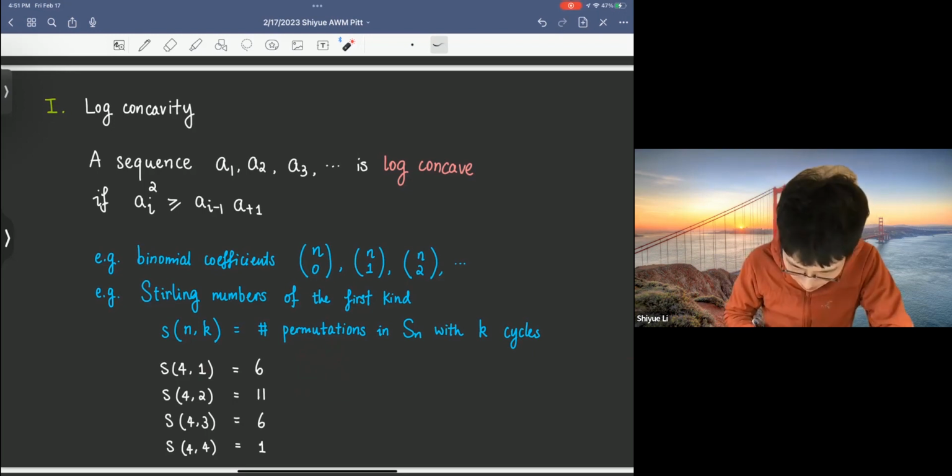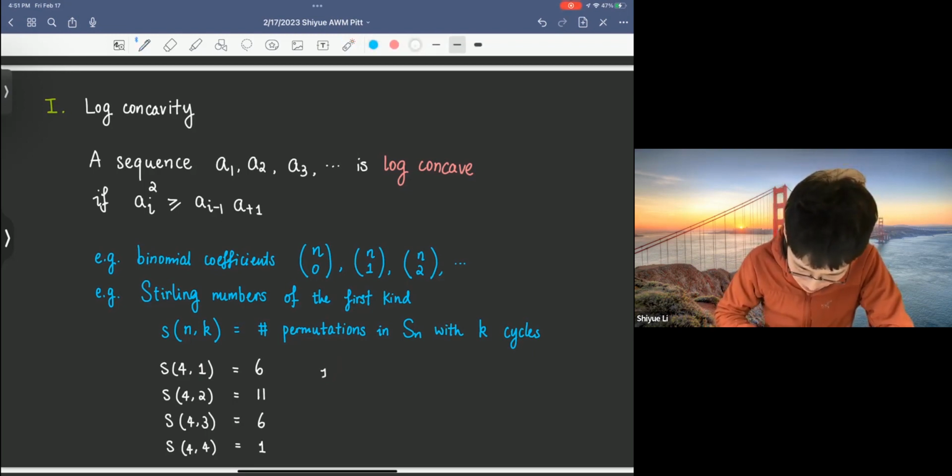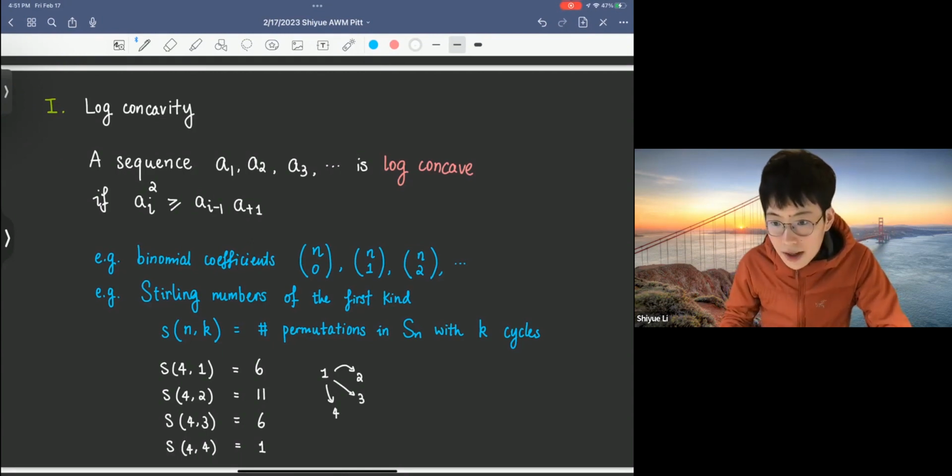I can do this by, suppose I arbitrarily start with 1, and now I need to decide where 1 wants to be sent to. There are 3 different ways I can choose. I can choose 1 to be sent to 2, 1 can be sent to 3, 1 can be sent to 4.